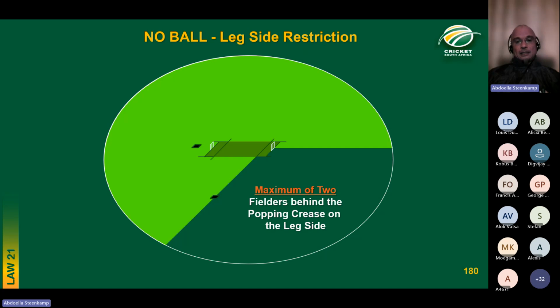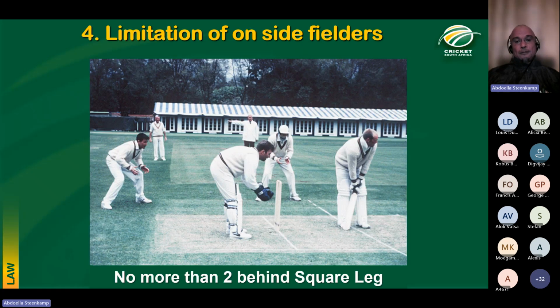So in this picture, the law says only a max of 2 behind the popping crease on the leg side. How many fielders are here behind the popping crease on the leg side? There are 3 fielders. And that's why the umpire is signaling no ball, because of having 3 fielders behind the popping crease on the leg side.